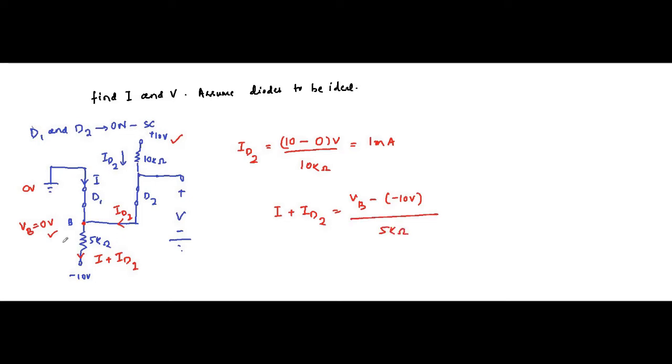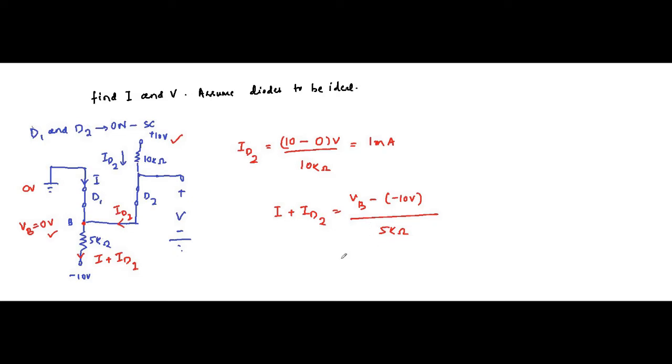Again, simple. VB is 0 volt, and this is at minus 10 volt. The total current flowing through this 5 kilo ohm resistor is ID2 and I. Simple KCL application, then nodal analysis in between two nodes.